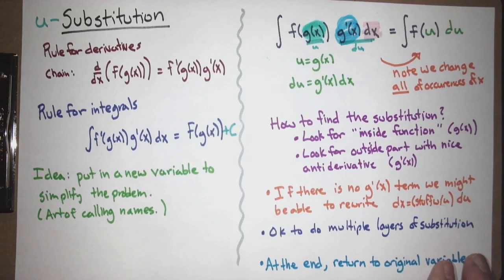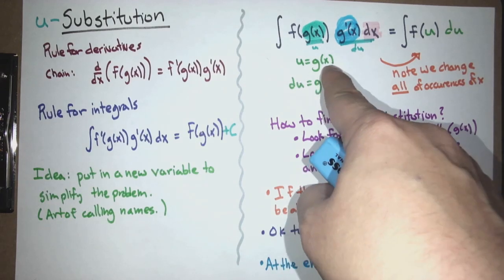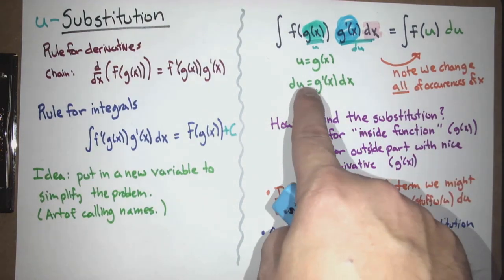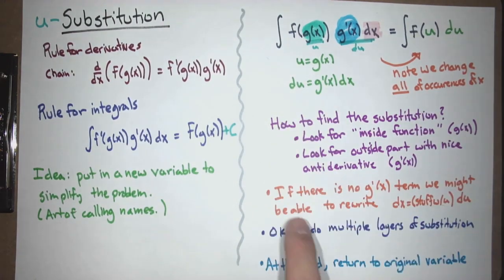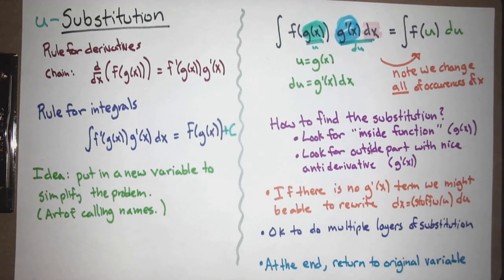Now, there are some challenges that come into play. There might not be what we need in the g prime of x term. That's okay. We have ways to deal with that. We'll do at least one example. The punchline is, we know what u is in terms of g of x, so we can use that to say, instead of saying g prime of x dx is du, we can say, dx is stuff with u du.